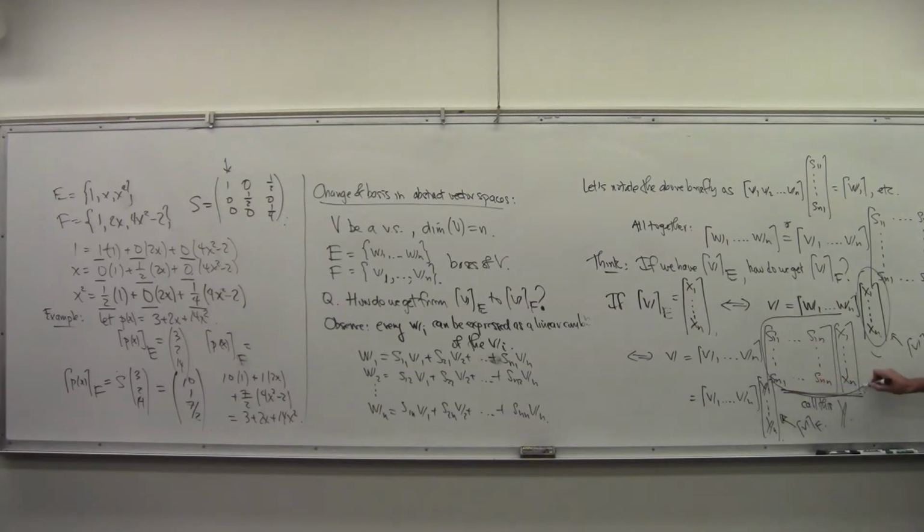It's Y, this thing that we call y, which is the S matrix times the coordinate vector with respect to the E basis. The coordinate vector with respect to F is S times the coordinate vector with respect to E. In other words, S is the matrix that gets us from the E coordinates to the F coordinates.